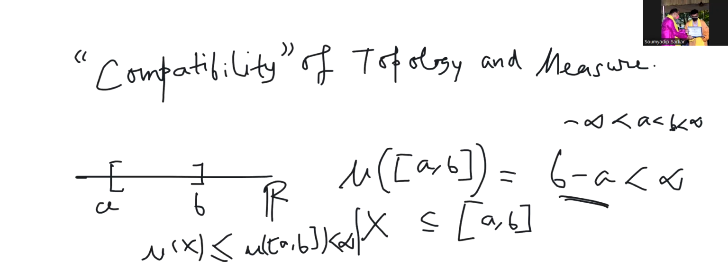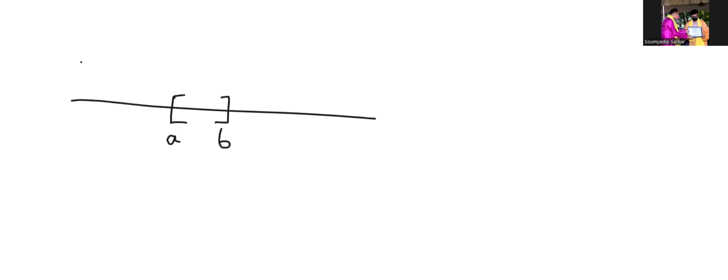The next thing is that, okay, so let me add another page. Again, look at the real line, and suppose I have this set, a closed interval AB, and I can distort this closed set a little bit to make it an open set.